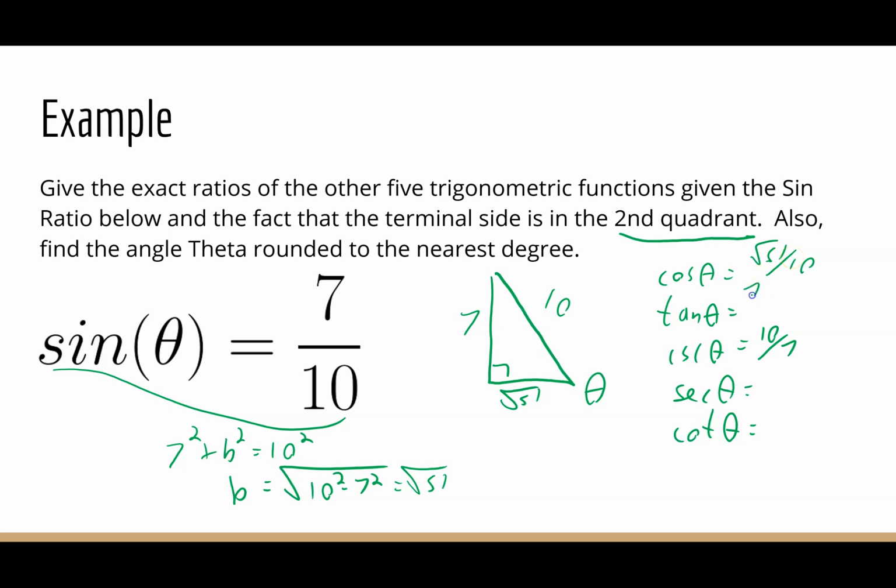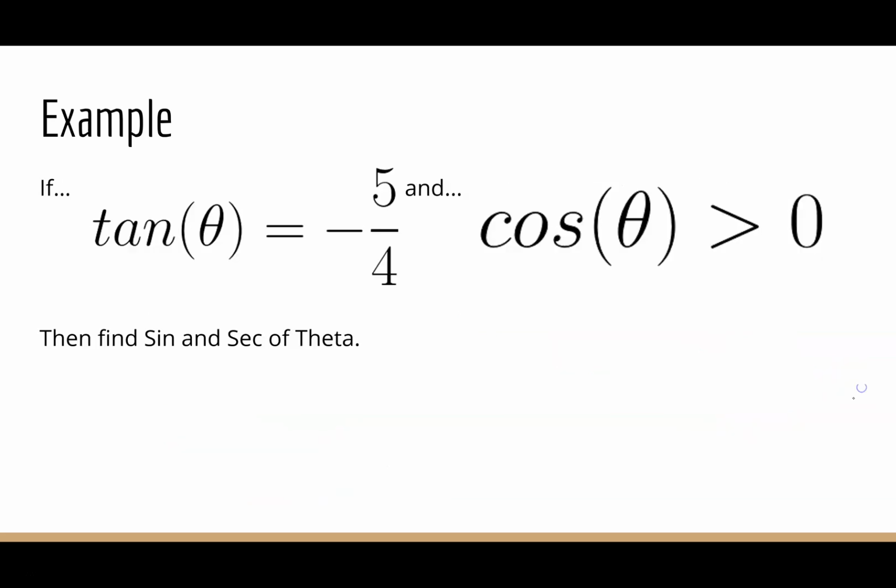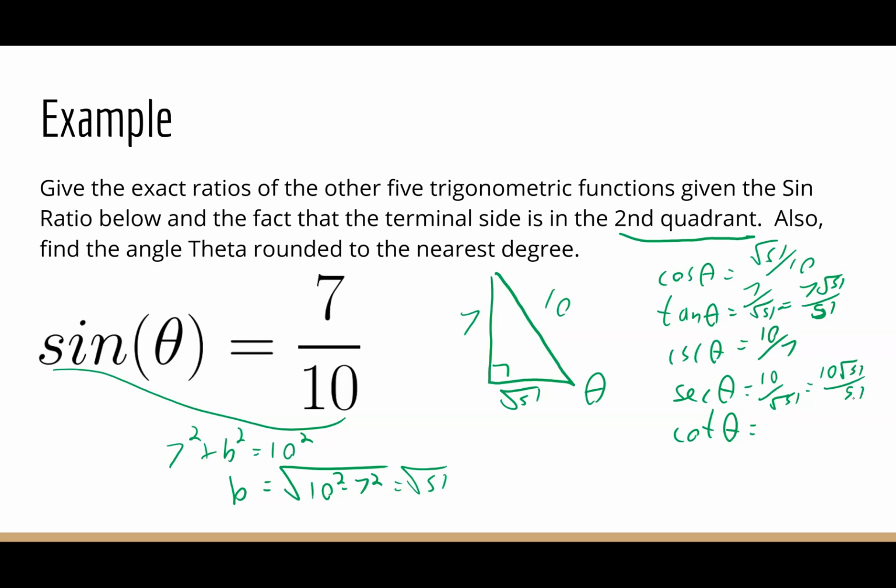Tangent, 7 over square root of 51. So that turns into 7 square root of 51 over 51. We got rid of the square root on the bottom. Secant is flipped over cosine, so 10 over square root of 51, which is 10 square root of 51 over 51. And cotangent is square root of 51 over 7.